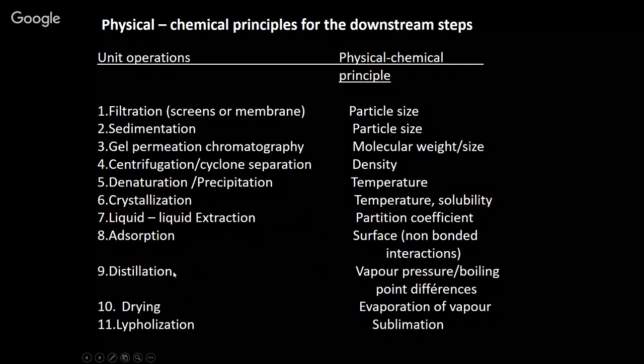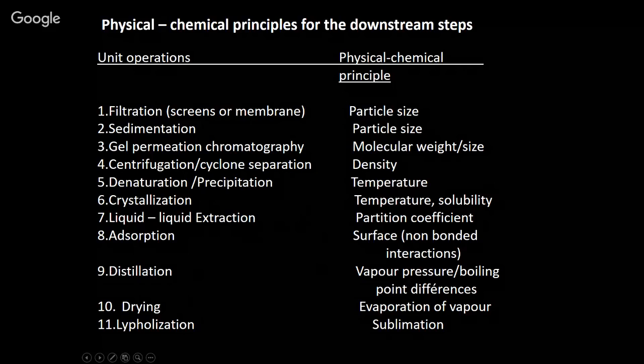Then comes distillation. Distillation is used widely in chemical engineering because small molecules are not thermally sensitive, so we can distill. We can remove them because of the difference in their boiling points or difference in their pressure.